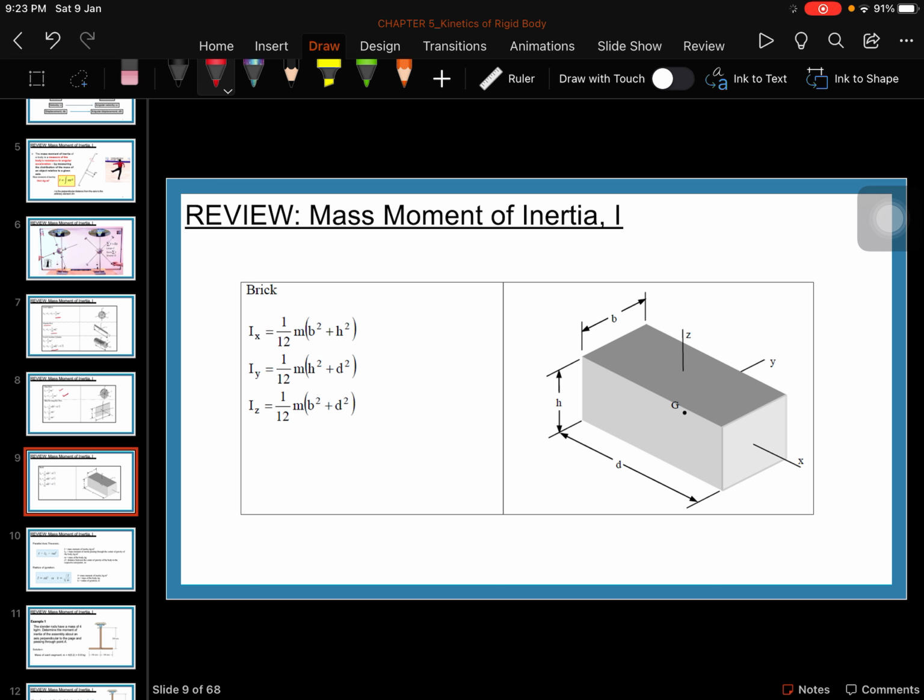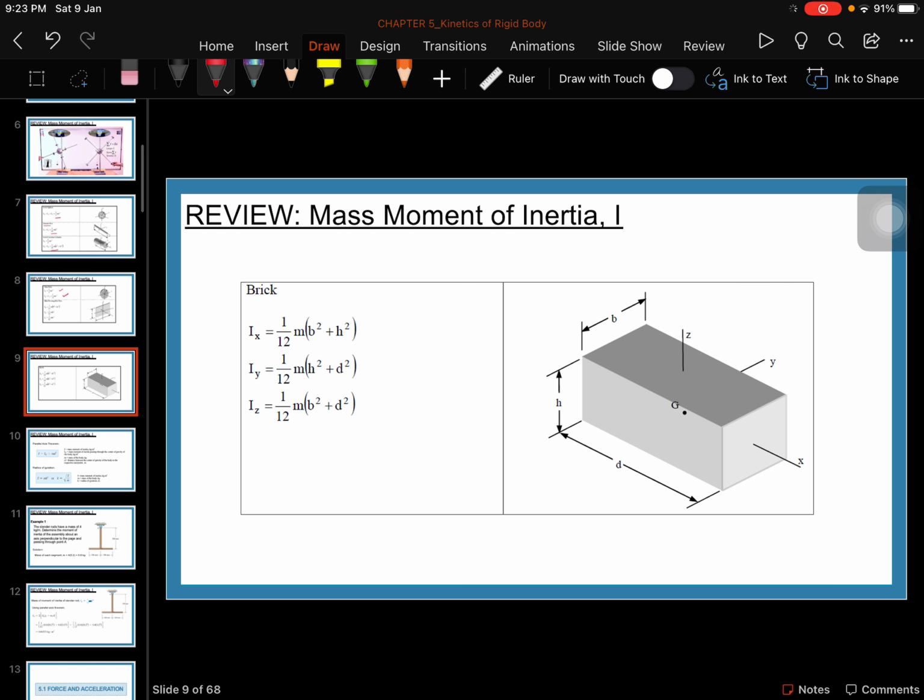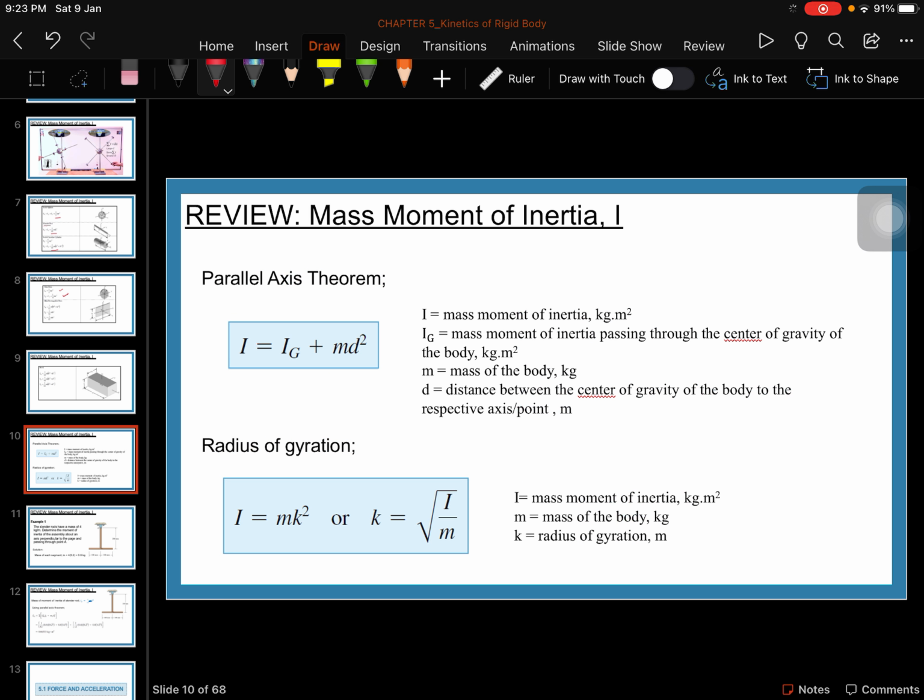For information, we will use these mass moment of inertia formulas in this chapter. Next, parallel axis theorem.